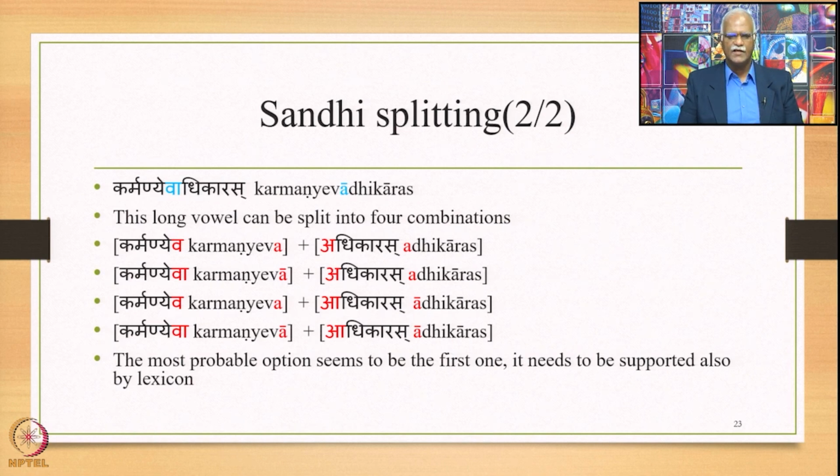Similarly, the word in the lexicon is adhikaras and not the alternative, and so that option is also eliminated. In this way, the most probable option seems to be the first one, and it needs to be supported also by lexicon. This is how the sandhi splitting can happen effectively.